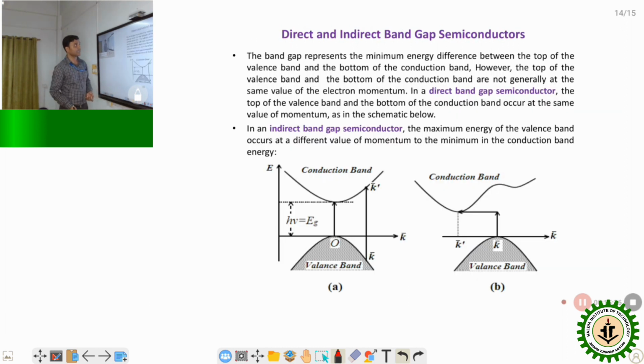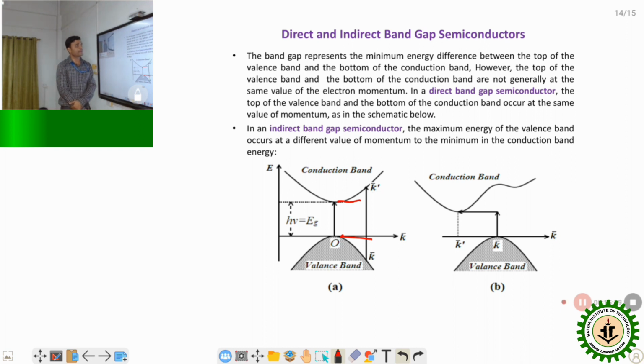And then there are direct band gap and indirect band gap semiconductors. This is also a type of band gap. What do we mean by direct and indirect band gap? The band gap represents the energy difference between the maximum of the valence band and the minimum of the conduction band.